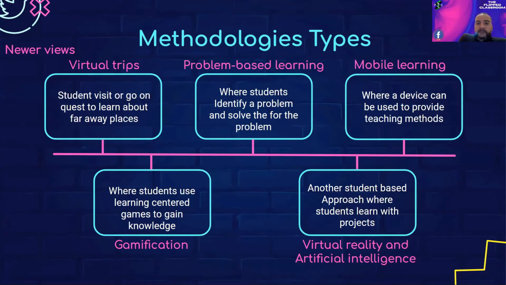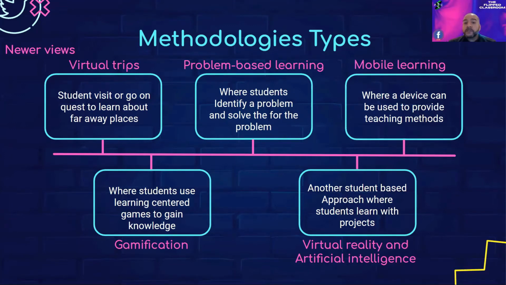Another few types of methodologies, 10 in total, that we're going to talk about today. The newer ones: virtual trips, where students visit or go on quests to learn about faraway places. Like they could take an adventure to the zoo, or they can go to Italy and learn about different Italian culture that they might not get the chance to do otherwise.